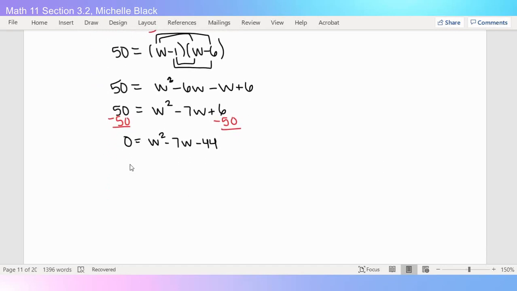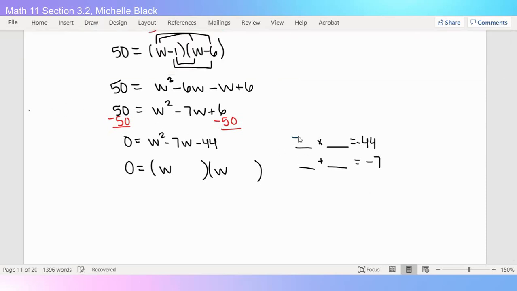My leading coefficient is 1, so this is the slightly easier case to factor because the first term for each of my binomials is just w. And now I need to find two numbers that multiply to negative 44, and they add to negative 7.